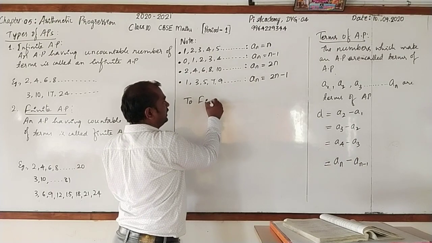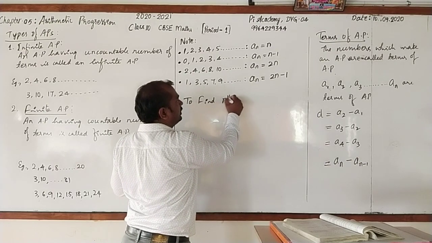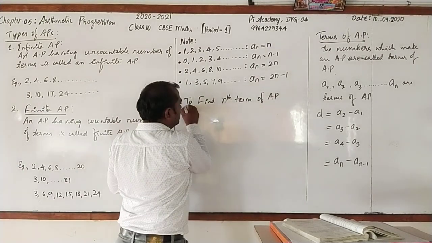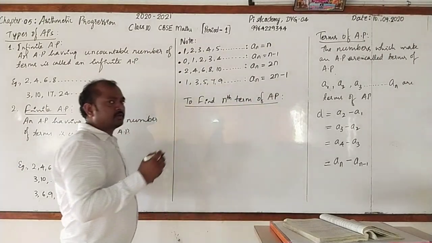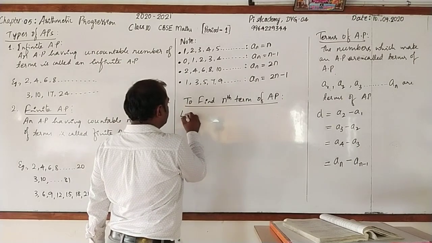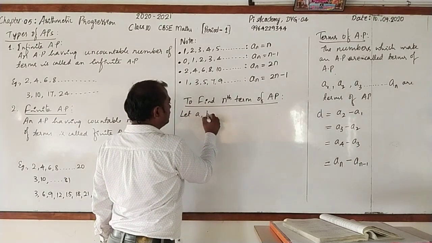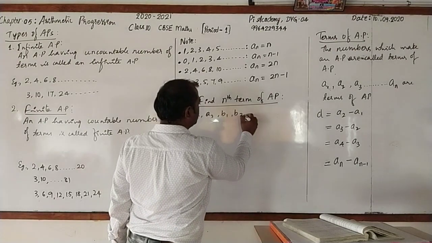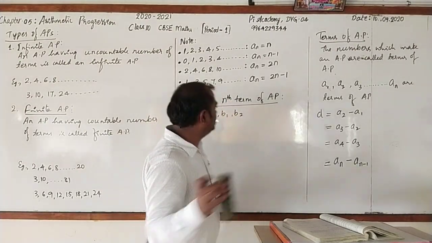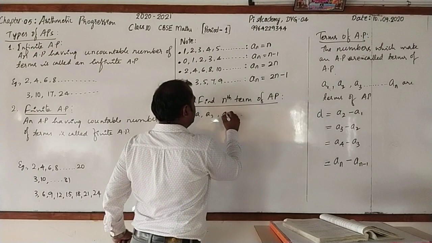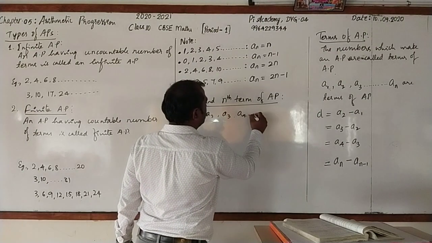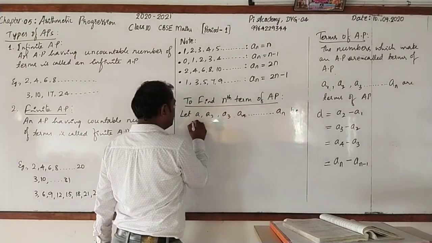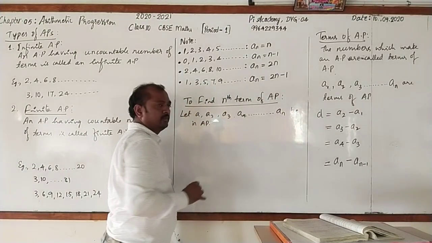Here I will write the heading: to find the nth term of AP. Here let us assume a1, a2, a3, a4 and so on, an are in AP.